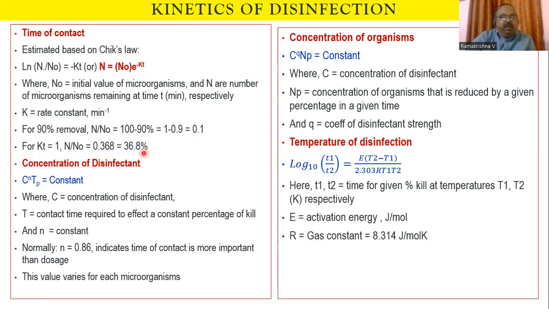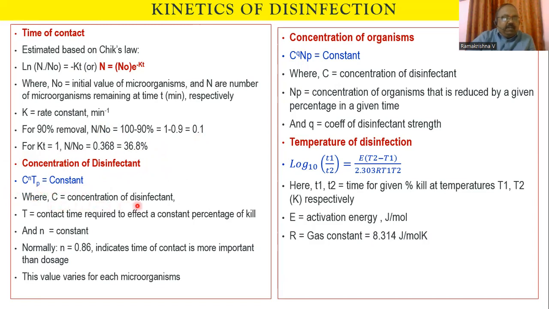So it depends on how much removal we are targeting and what the rate constant is, how the reaction is progressing, and this is important. If you know the contact time, accordingly we can calculate the removal efficiency of the microorganisms. Concentration of disinfectant: C^n t_p is equal to a constant.